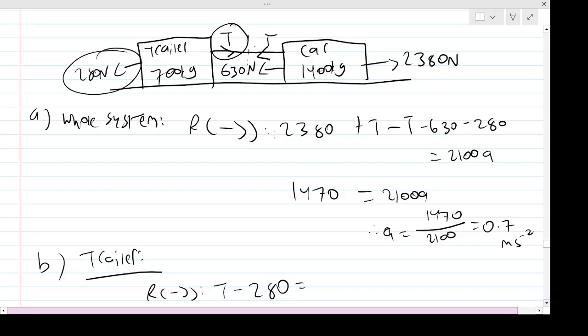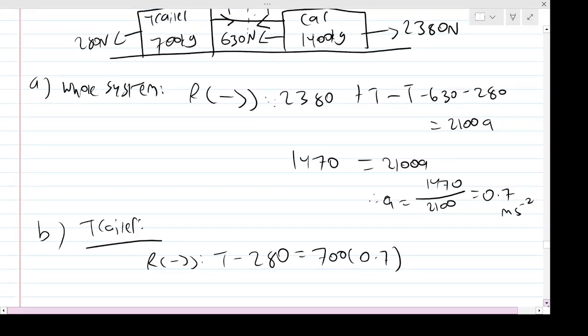Again, that equals MA. Well, the mass is 700 lots of A, which is 0.7, that's the acceleration. Okay, so we get T minus 280 is 490. And so therefore the tension, if we add 280 on, we get 770 newtons.